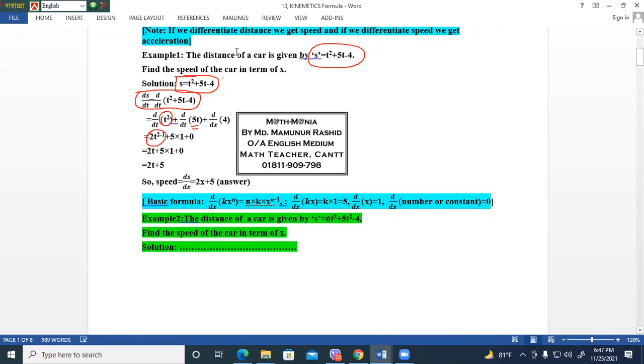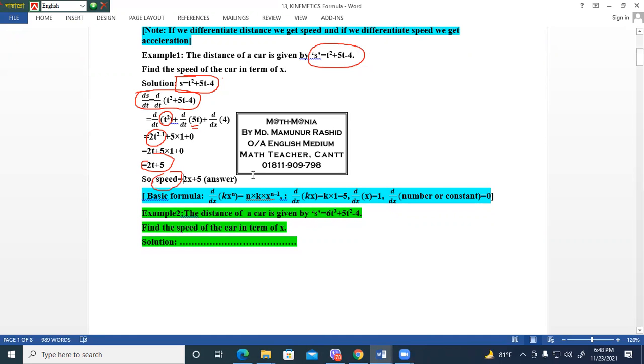The whole value should be 2t plus 5, and this is the speed. So speed equals 2t plus 5. This is the answer.